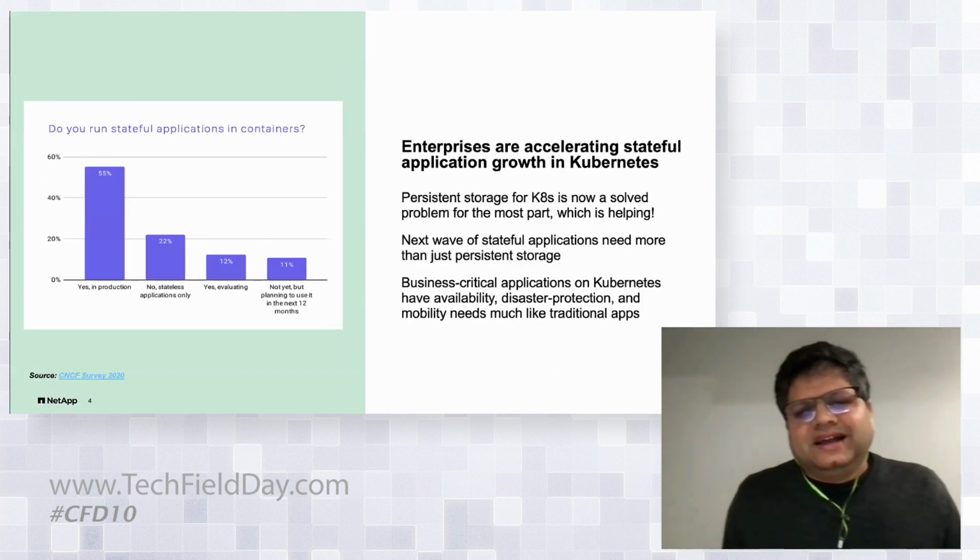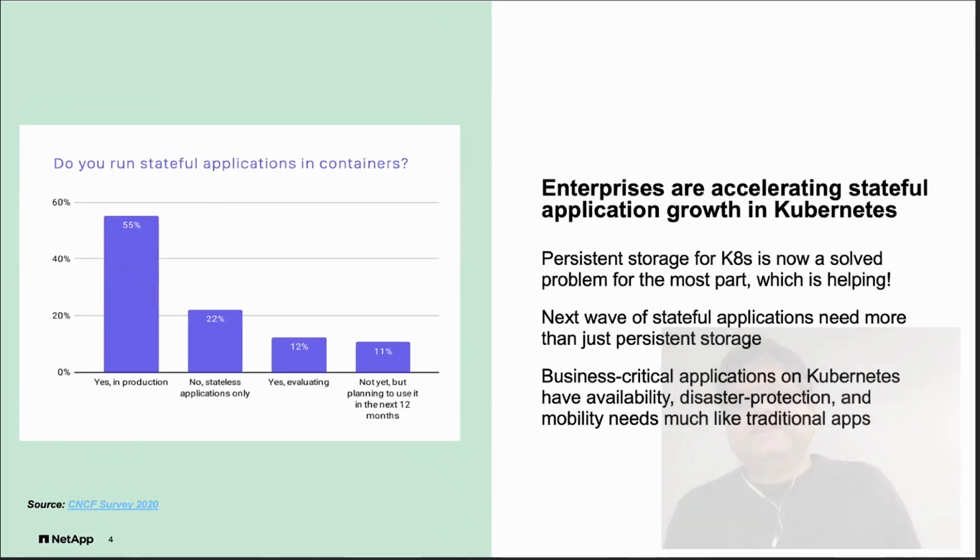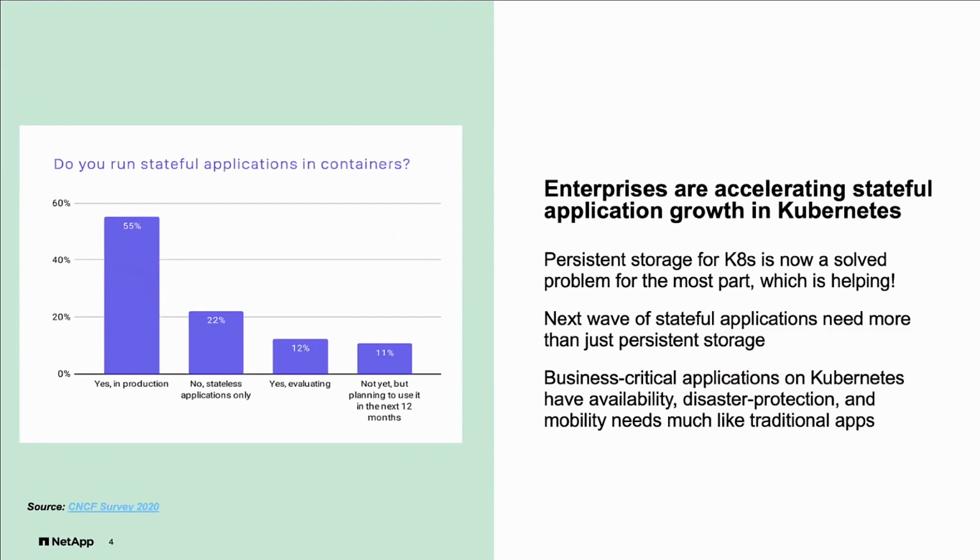Now, you guys already know this, that Kubernetes was stateless. Enterprises drove stateful applications to Kubernetes. This is all old news, yesterday's news. We're not talking about that today. And for the most part, persistent storage for K8s, as Nigel indicated towards the beginning of this session, is a solved problem, right?